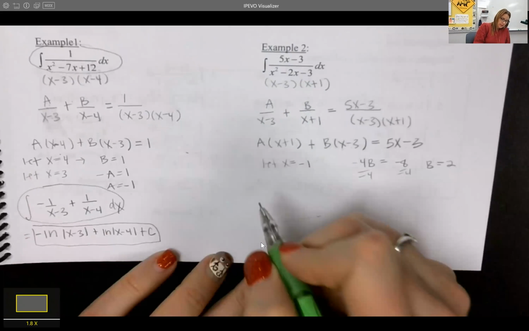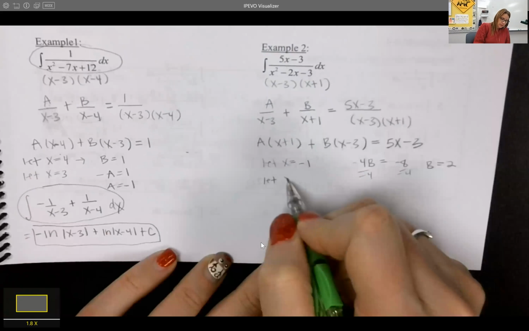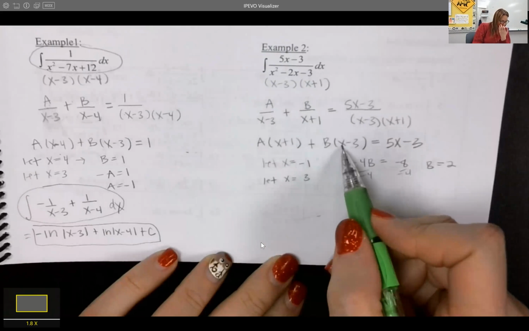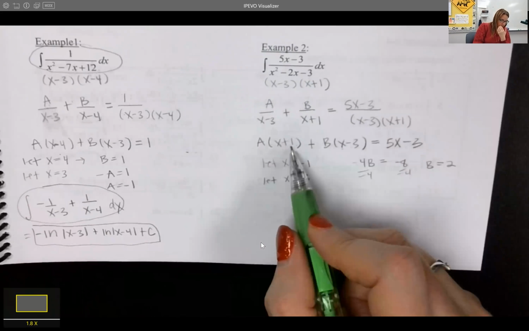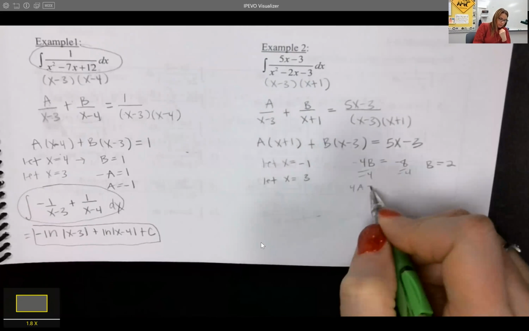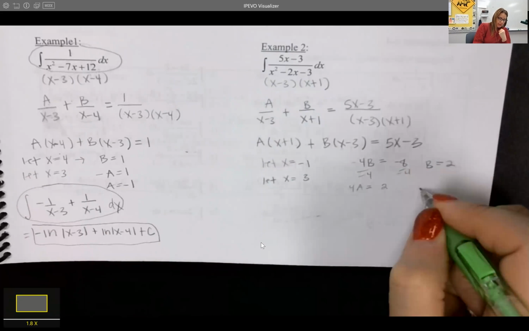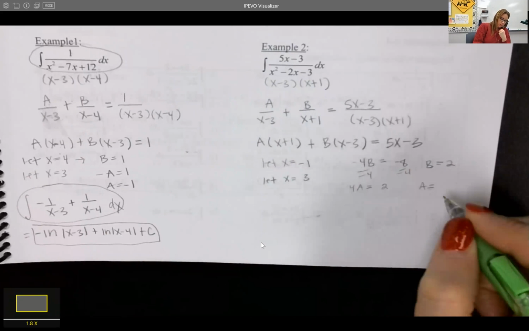Now I'm going to start over again. Let x equal, in this case, 3. All right, so if I put a 3 in here, it cancels out. 3 plus 1 is 4, so we get 4a equals 5 minus 3 is 2. So a equals 1/2.